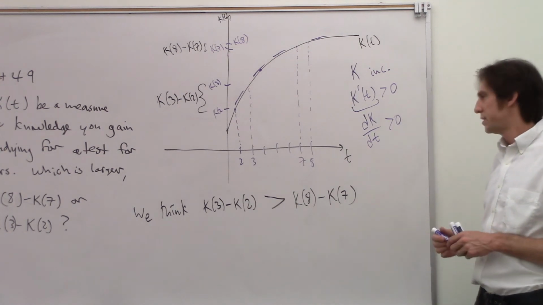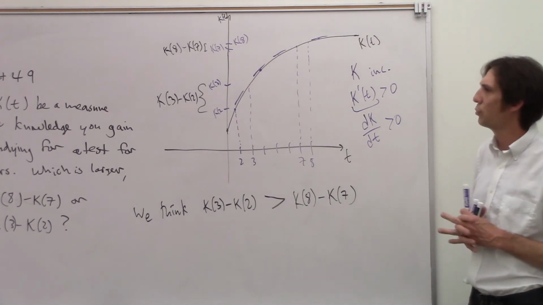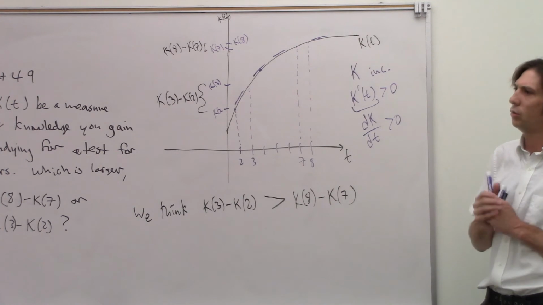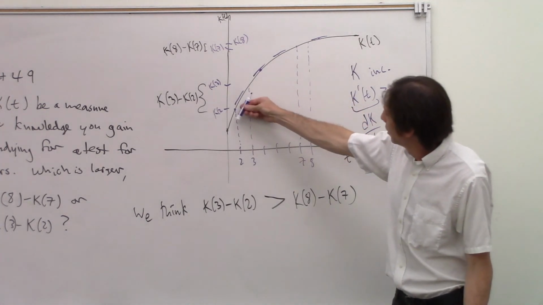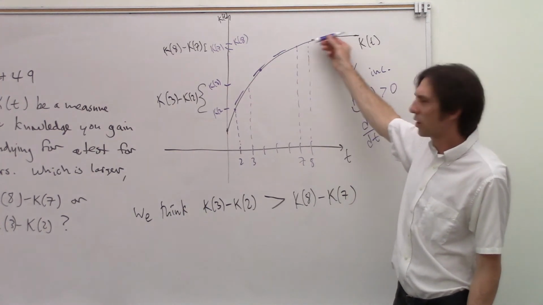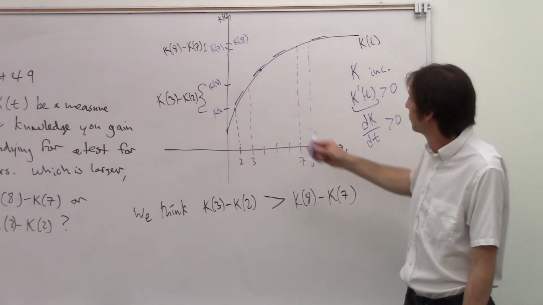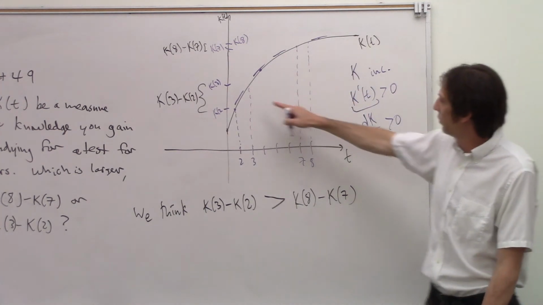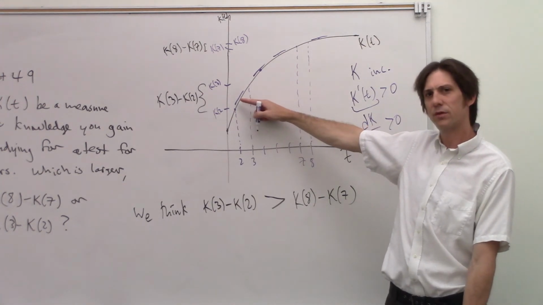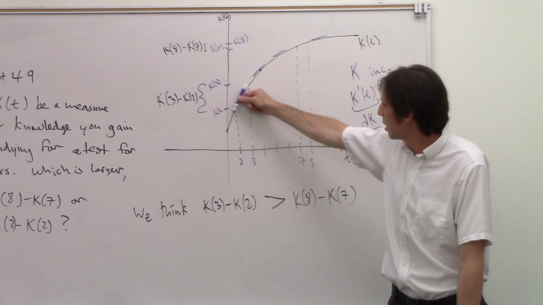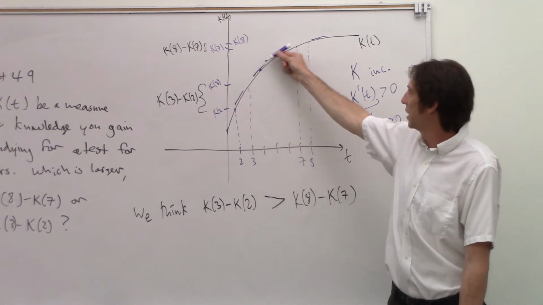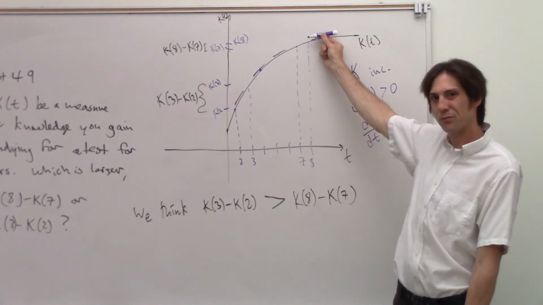Another thing to notice here, and this is something that they point out in 2.4 and something that we'll deal with quite a bit more in the future, is that because the curve is flattening out, what's going on with the slopes of the tangent lines? At first the slopes of the tangent lines are fairly large, but then they are getting less steep, right?